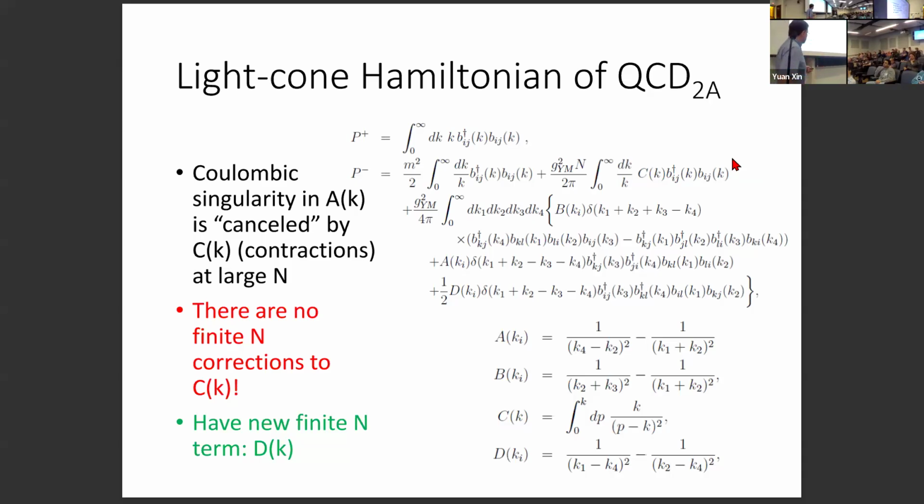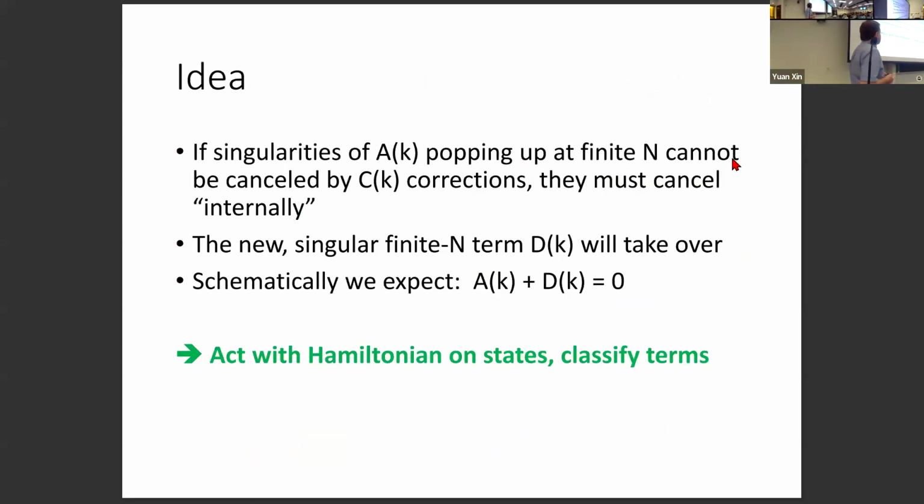And so naturally, the question is, what takes over at finite N_c when we have a new term, the so-called d term, that only has to be taken into account at finite N, that basically has to take over and cancel these singularities. Otherwise, we would not have a finite theory, right?